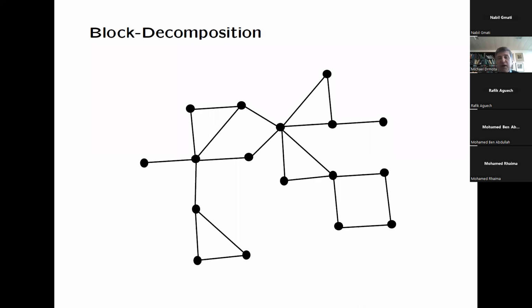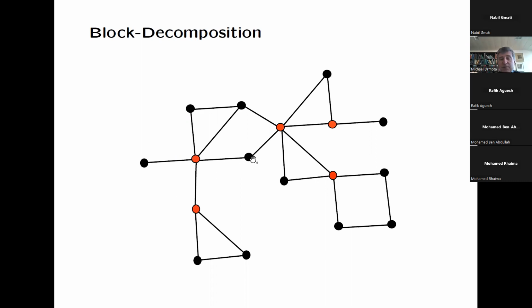So if you have a graph like this, by the way, this is a series parallel graph, and you have some so-called cut points. So cut points are points where, when you take them away, you disconnect the graph. So this is a cut point, because if you take this away, the graph is not connected anymore.